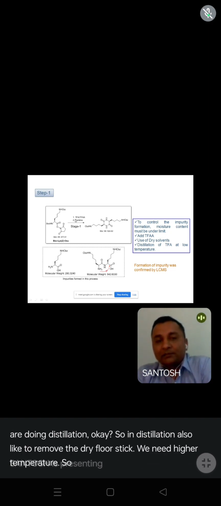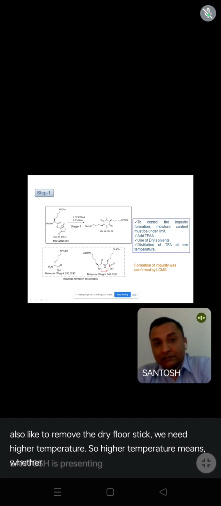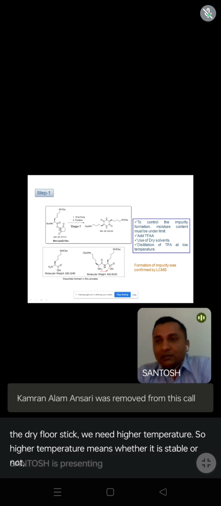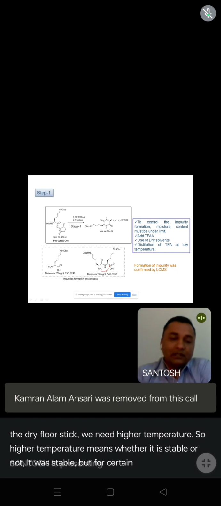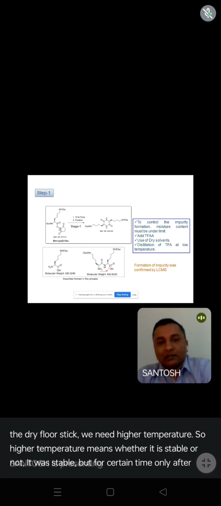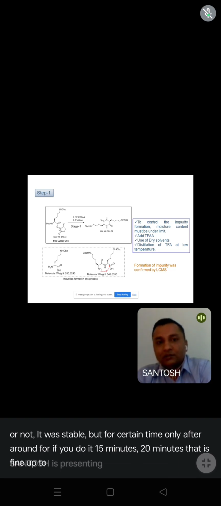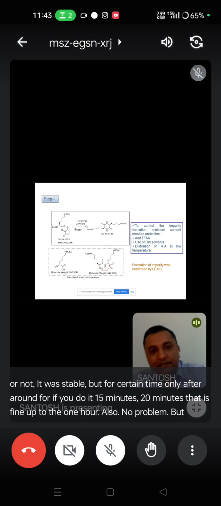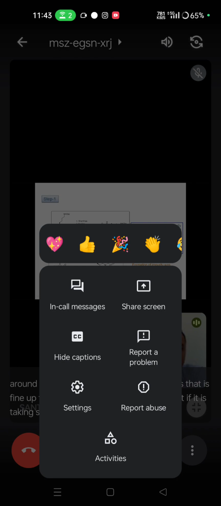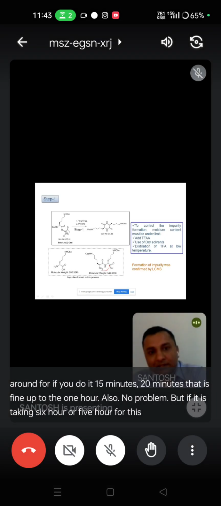Higher temperature means, is it stable or not? It was stable, but only for a certain time. If you do it for 15 or 20 minutes, that is fine. Up to 1 hour also no problem. But if the distillation takes 5 or 6 hours, that may also cleave.